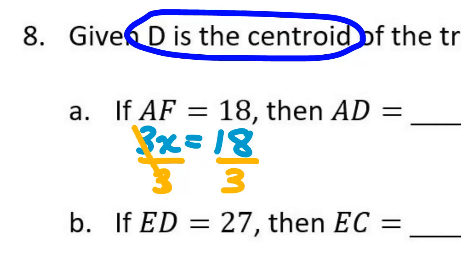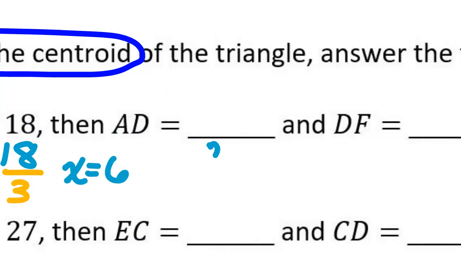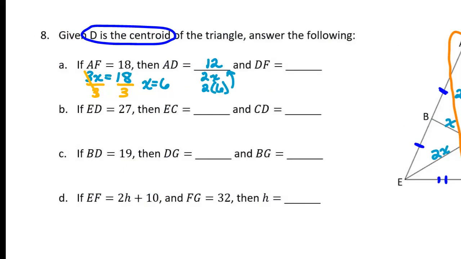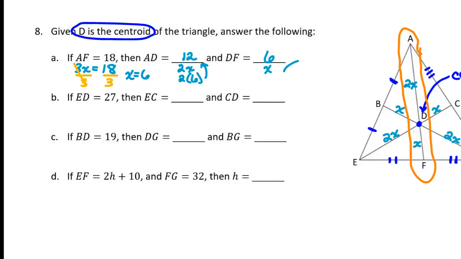X is 6. So how big is it from A to D then? 12. That's 2X. So we do 2 times 6, which gives us 12. What about from D to F? 6. Yep, it is the size of X, so it is 6.